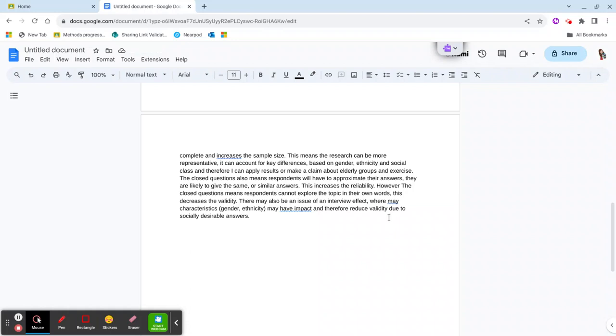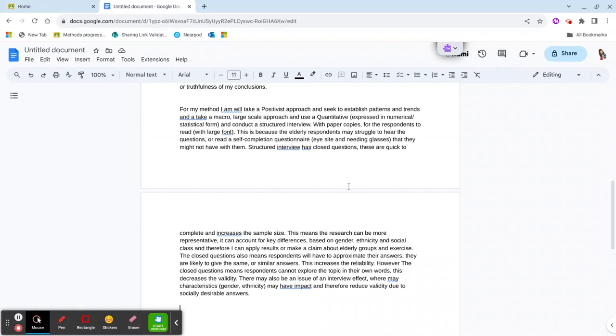I suppose I could do objectivity as a strength. So quick to complete. With structured interviews, I'm more likely to remain objective, also free from bias, as I will not build a rapport or relationship with respondents.